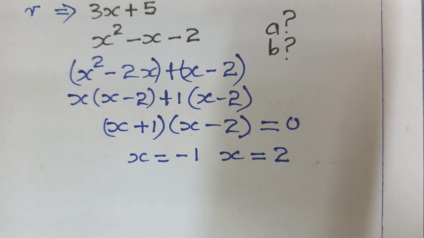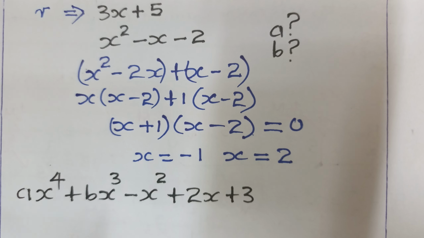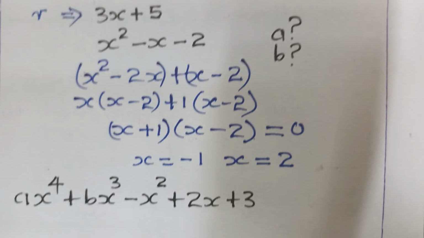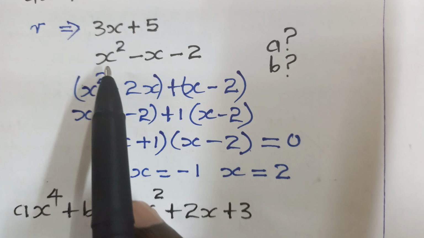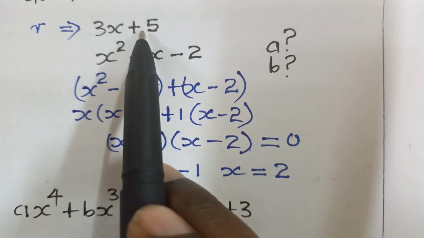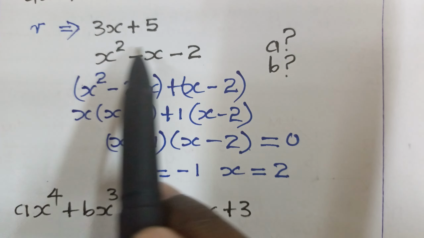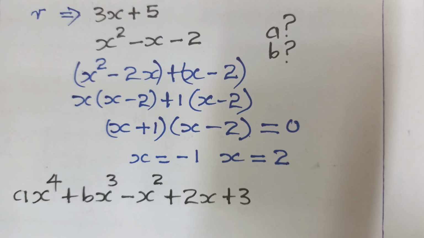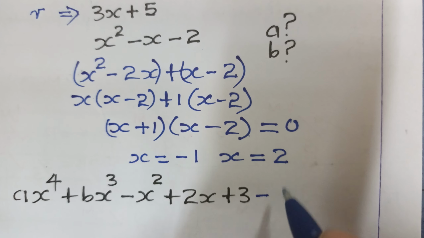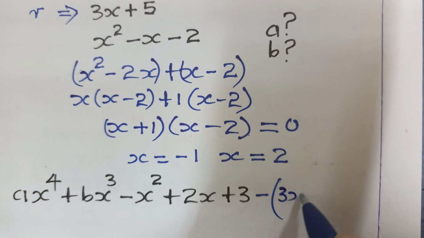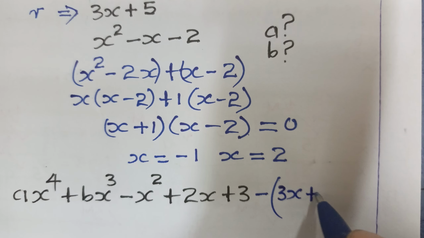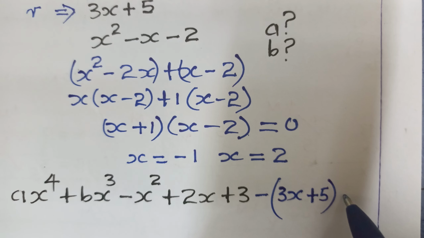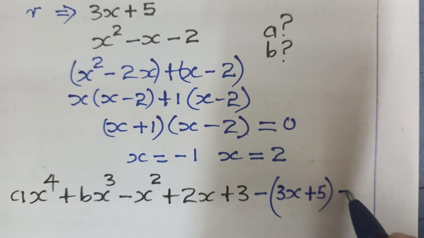Now we go back to our polynomial. We are told that if we divide by this, we get this remainder. So because this is a remainder, if we take it away from our polynomial, that is, minus the remainder 3x + 5, then it will be divisible, and this becomes 0.